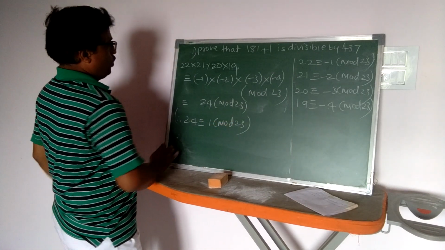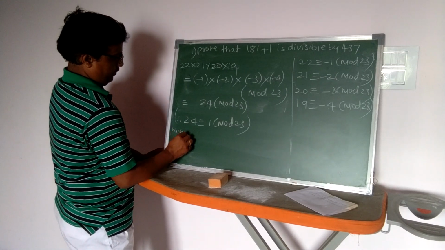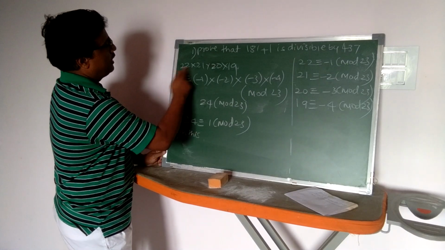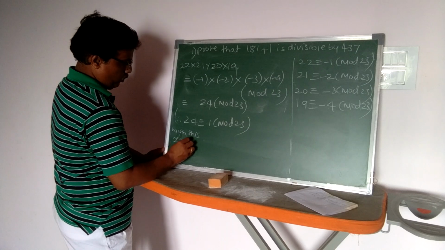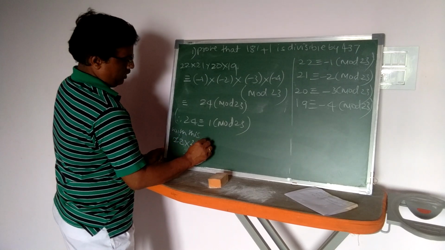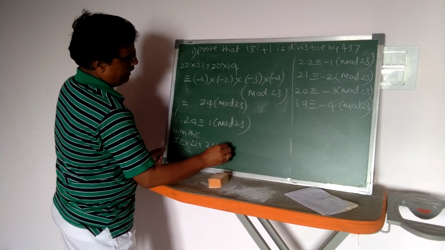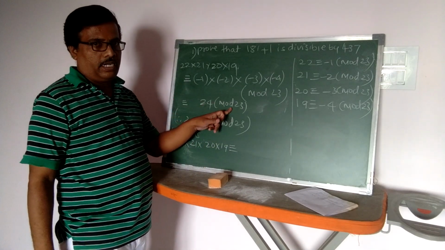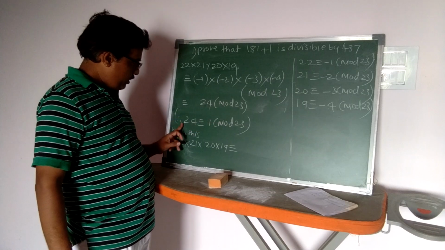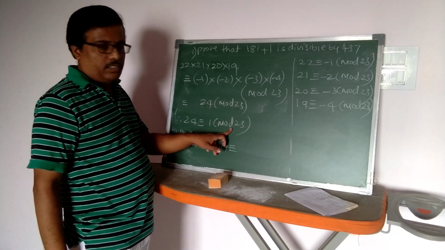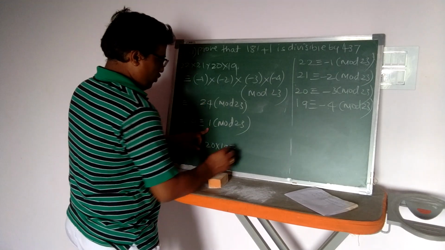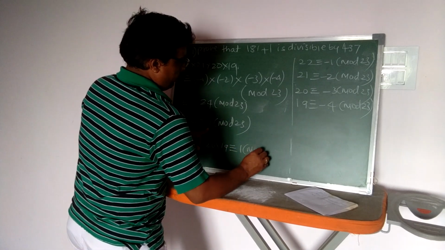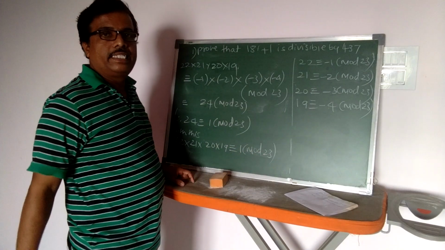So with this, the product 22 into 21 into 20 into 19 is congruent to 24 mod 23 earlier. Now 24 is congruent to 1 mod 23, so therefore this is replaced by 1 mod 23.